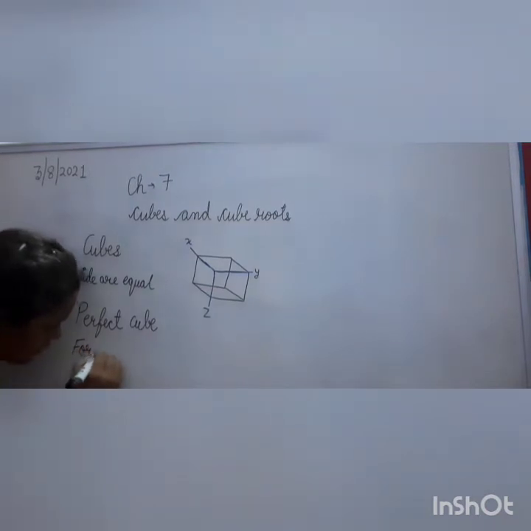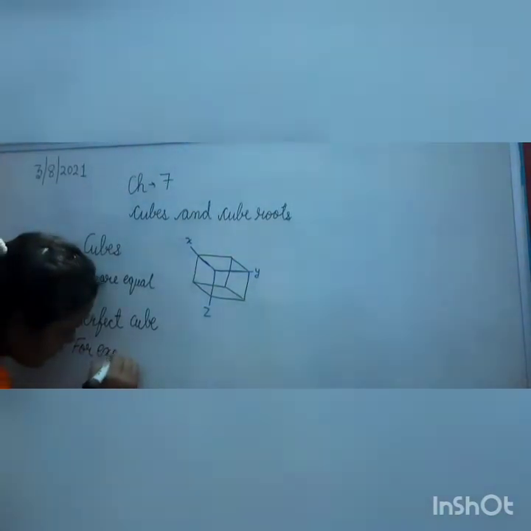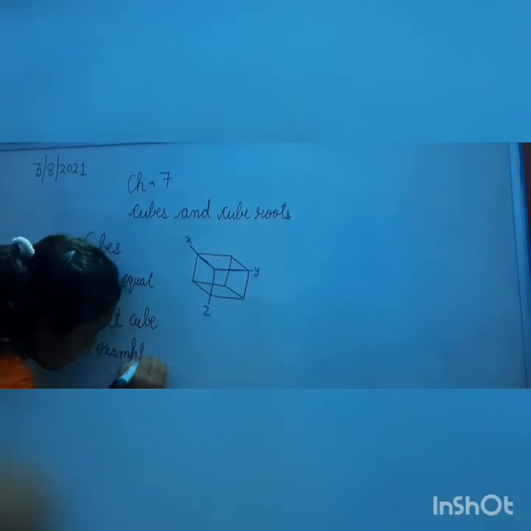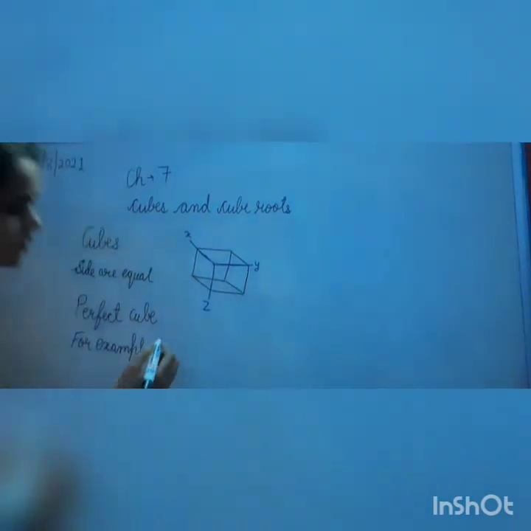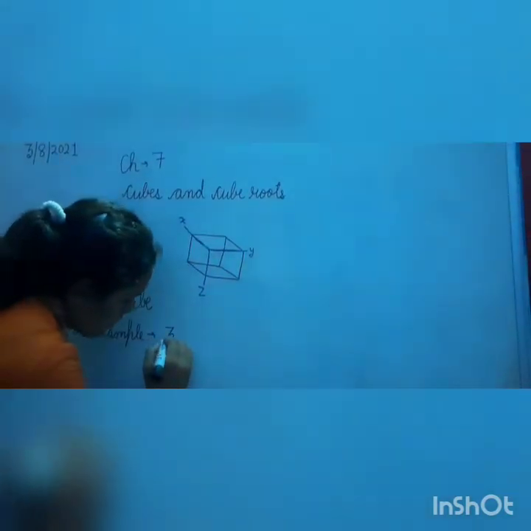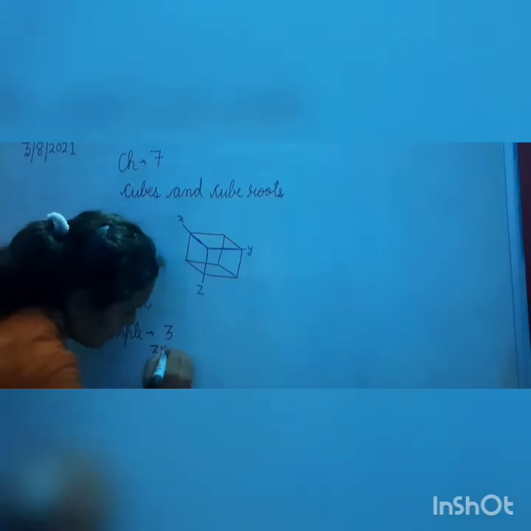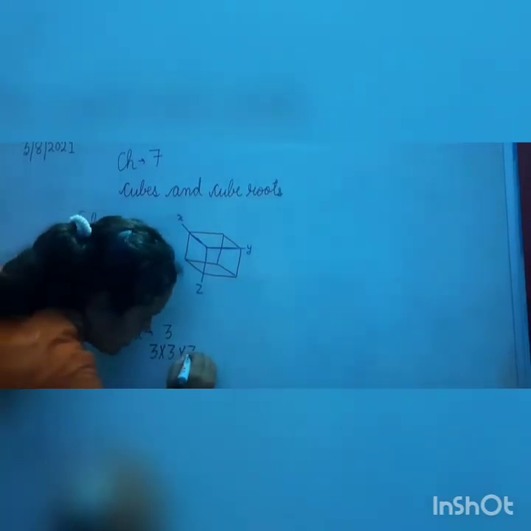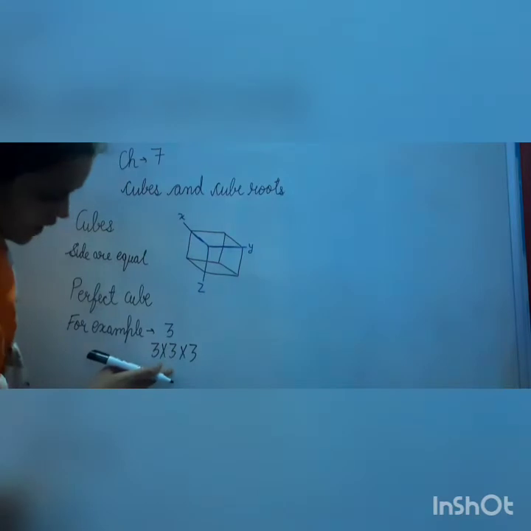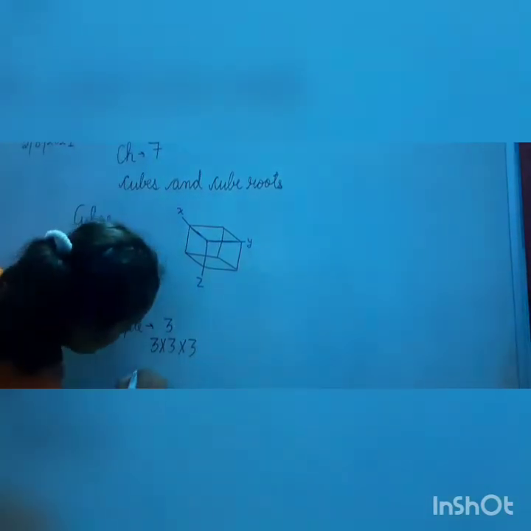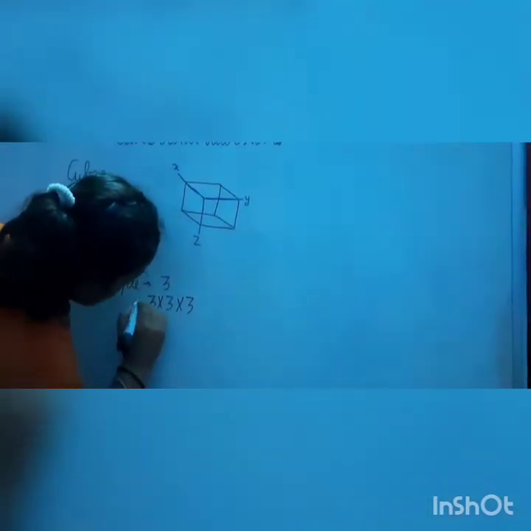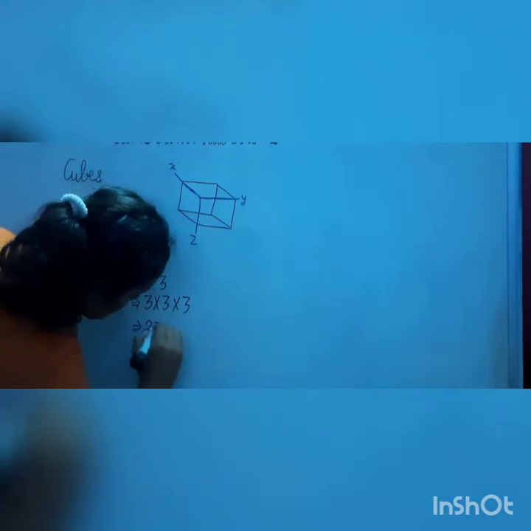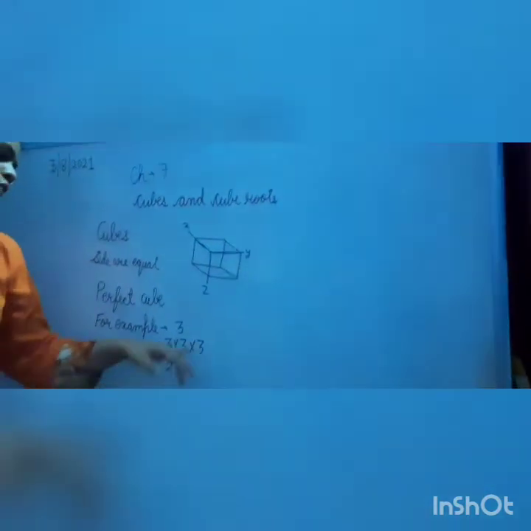For example, let's take 3. We can multiply 3 by itself 3 times. Now 3 times 3 is 9, 9 times 3 is 27. So 27 is the perfect cube of 3.